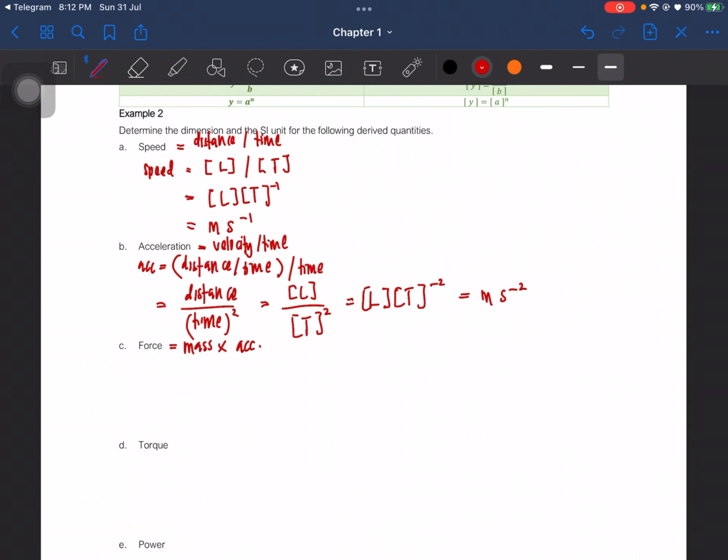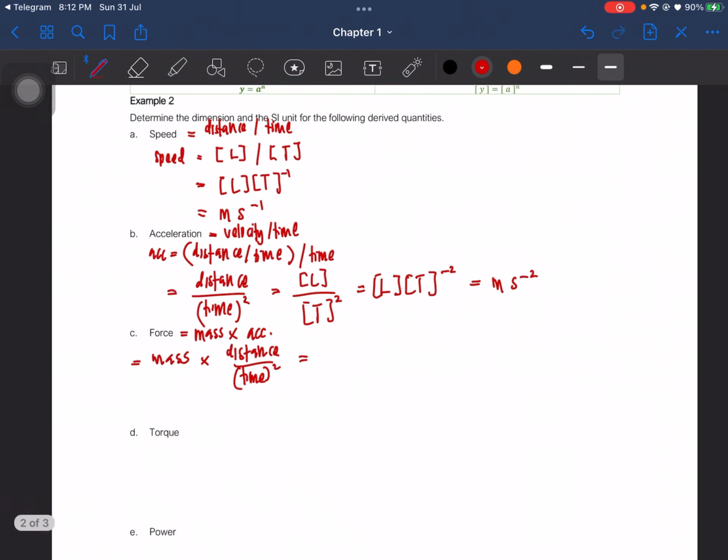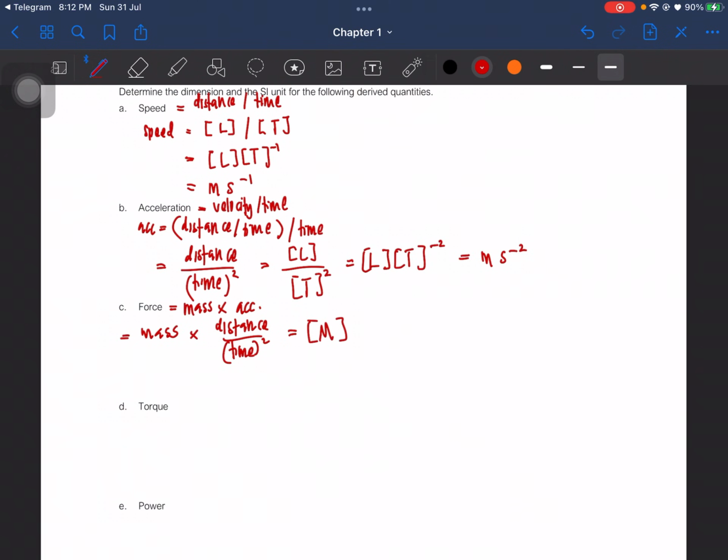Mass is just mass, times acceleration, which we obtained here as distance divided by time squared. So we get M, distance is L, and T at the bottom, so this is M L T negative 2, which is kilogram meter second negative 2.